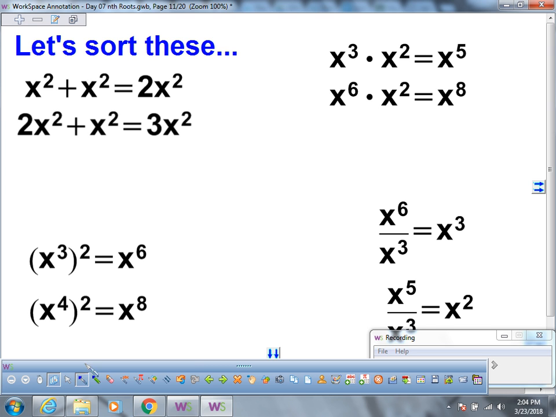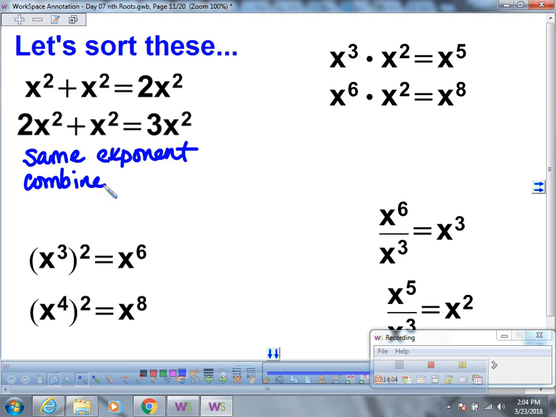So if it's the same exponent, then we combine, but they're not, these are like terms, you're right. So if it's the same exponent, we combine, or I want to say combine because you're not always adding, sometimes you're subtracting, right? Combine the coefficients?